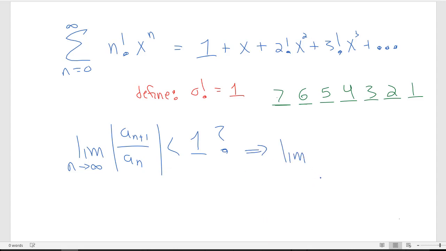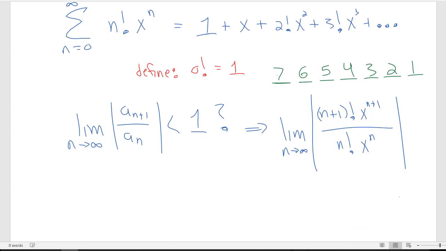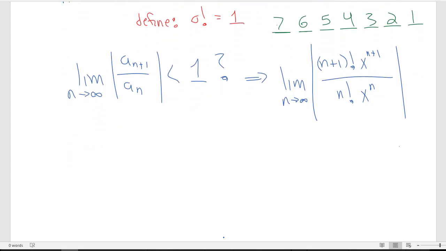Now for this particular example, plugging in n plus 1, I get n plus 1 factorial, x to the n plus 1, and then I divide by n factorial, x to the n. Now, I'm not really doing a flip and multiply here because I don't have a compound fraction, but I'm going to split stuff up. So I'm going to do a bunch of splitting simultaneously here. I just want to be efficient.